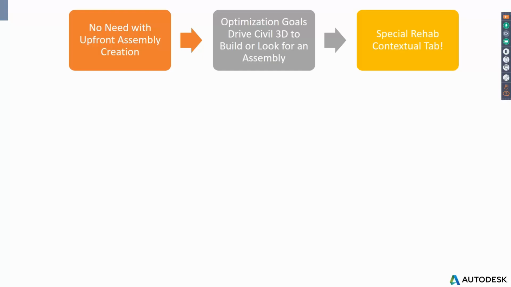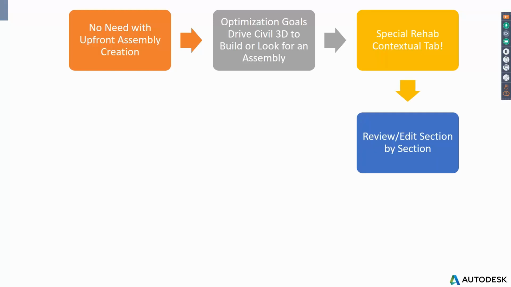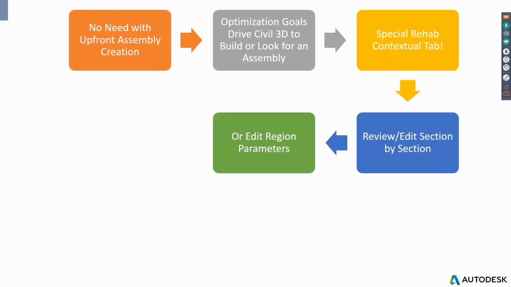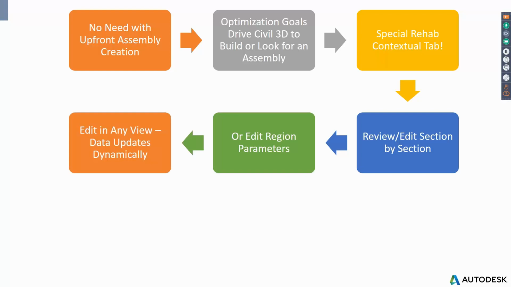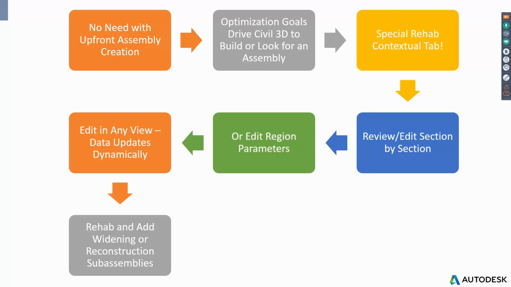And we have a special rehab contextual tab that lets you walk through station by station even before you create your corridor and commit to that, and then see the conditions as well as applied conditions, how they are going to be. You can review them as you are building station by station, and you can change the parameters for the entire region of rehab, or just for a station. And all those things are dynamic.